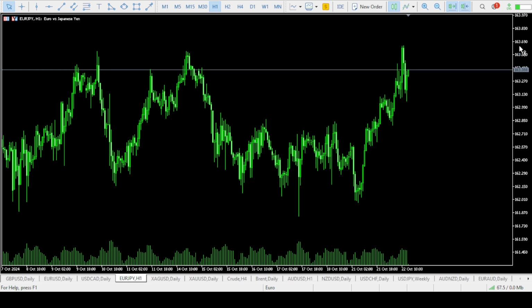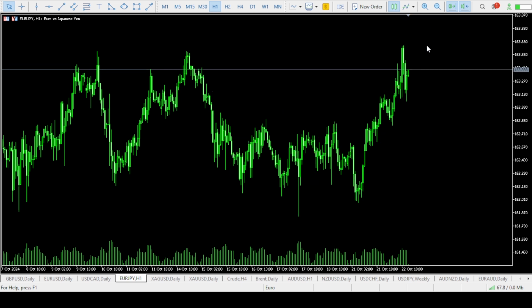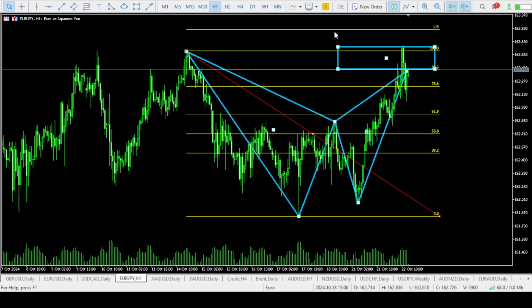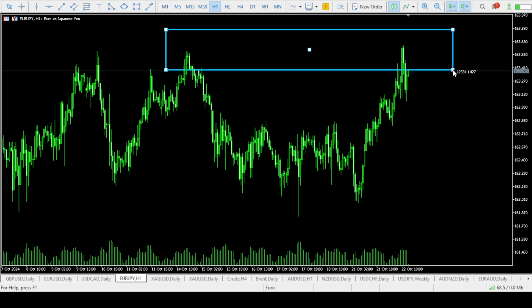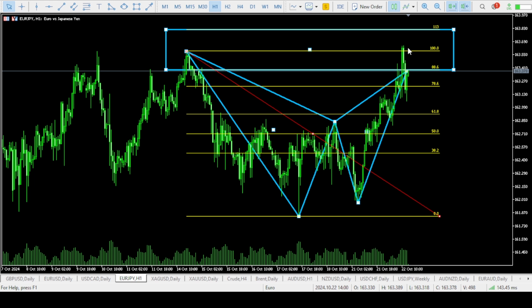I'm considering a trade between this zone. Alright. So from the 88.6 Fibonacci level to the 113 Fibonacci level, I'll be selling this pair at this range.